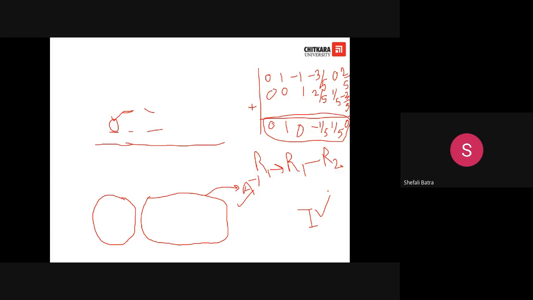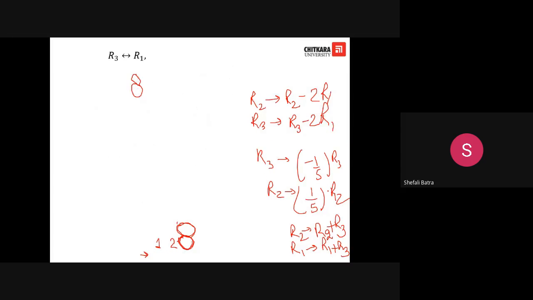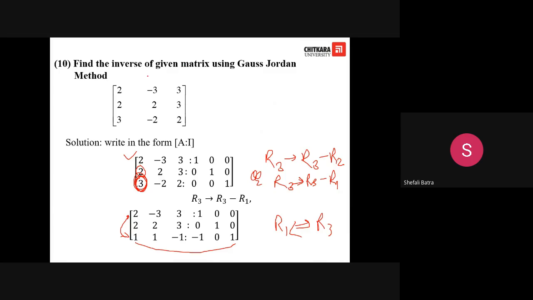So in short, again I'm repeating: for finding the inverse of a matrix using the Gauss-Jordan method, you need to write the given matrix in this form: given matrix, colon, identity matrix of the same order, and then apply elementary row operations to convert the given matrix into the identity matrix.